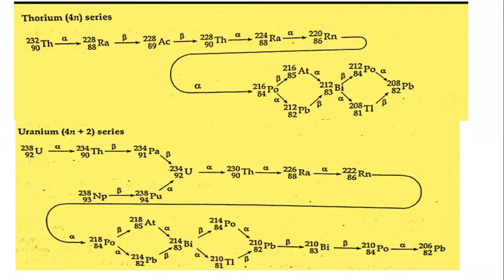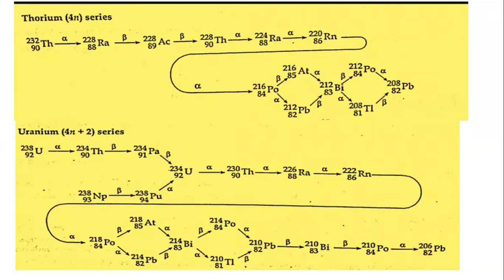On alpha disintegration, the mass number decreases by 4 units to 208, and the atomic number decreases by 2 units, thallium, and beta disintegration gives lead 82, mass number 208. In another way, from bismuth, beta disintegration gives polonium 84, mass number 212, and alpha disintegration becomes lead 208. This is the 4n series.